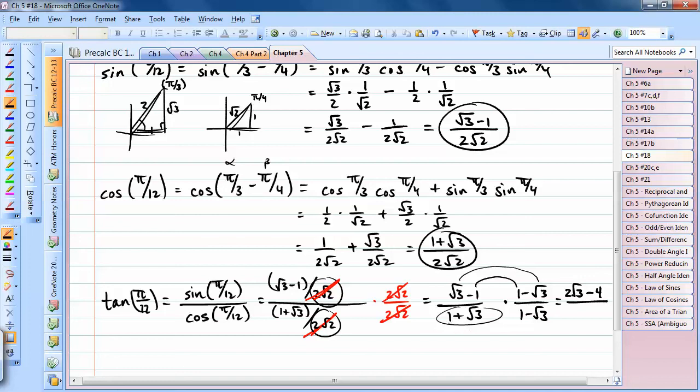And then in the bottom, I got 1 times 1 is 1. I've got a negative root 3, a positive root 3, so those cancel. And then root 3 times root 3 is just 3. So at this point you end up with, whoops, not plus, minus, sorry. So you end up with 2 root 3 minus 4 over negative 2, which ends up being 2 minus root 3, if you work that all the way out. Okay, there you go.